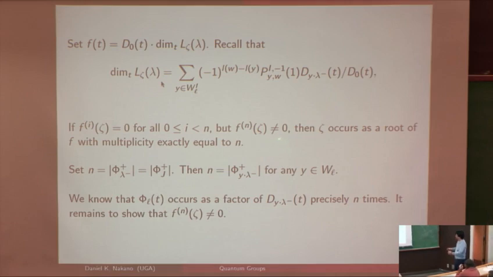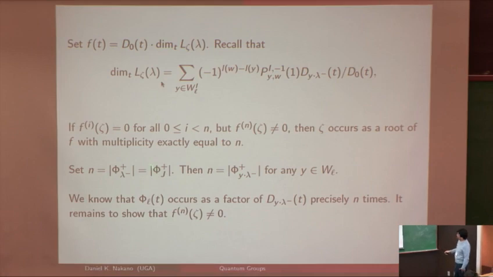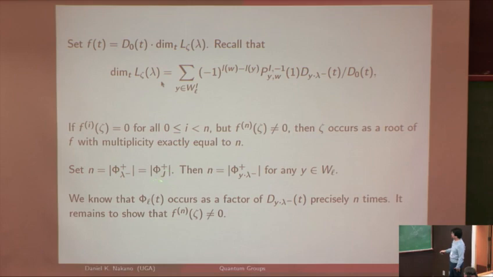Once you know that, phi occurs as a root of f with multiplicity exactly equal to n. So what we do is set n to be equal to the positive roots in the stabilizer, which is the same as the positive roots in this phi plus of j, and it's the same as phi plus of any linked weight, too.